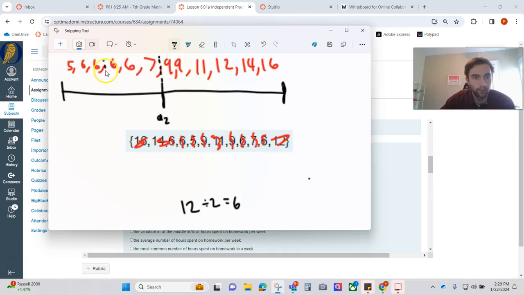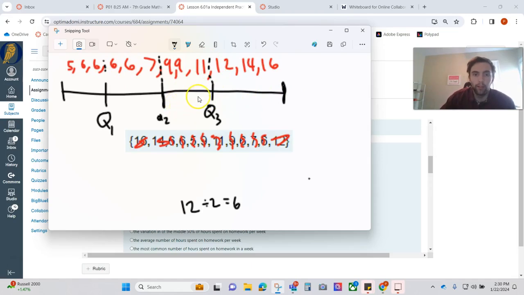So here we go. It's quartile 1. Here's quartile 3. I have 3 numbers in each quarter. Half of 6 is 3.